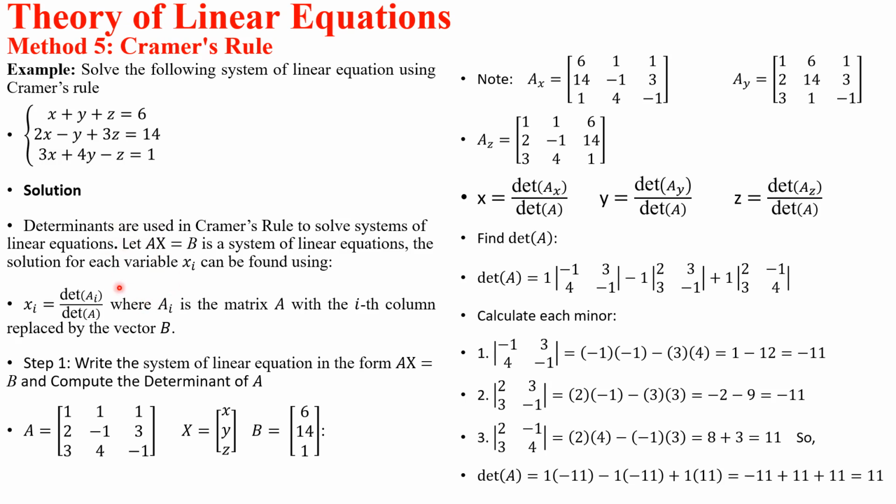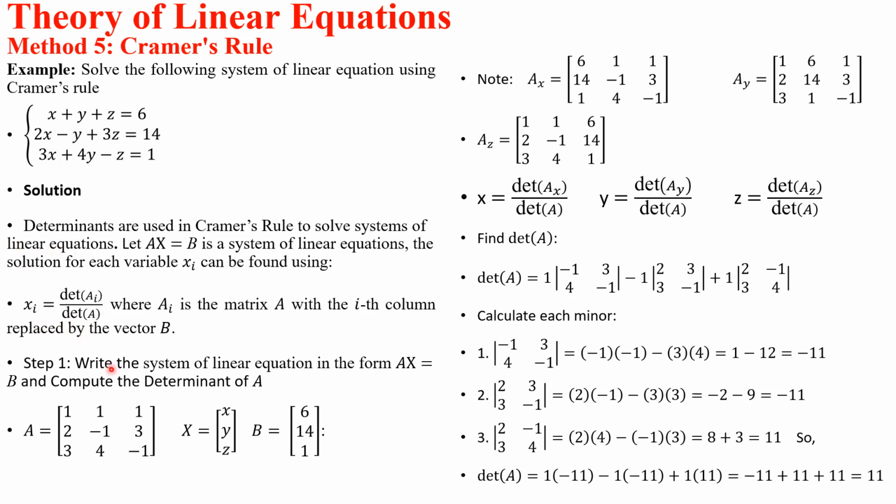The idea in using Cramer's rule to solve linear equations is transforming the system into matrix form AX equals B, such that the solution to each variable appears in a certain form. Let me not confuse you with this. Let's just go straight into solving the problem.